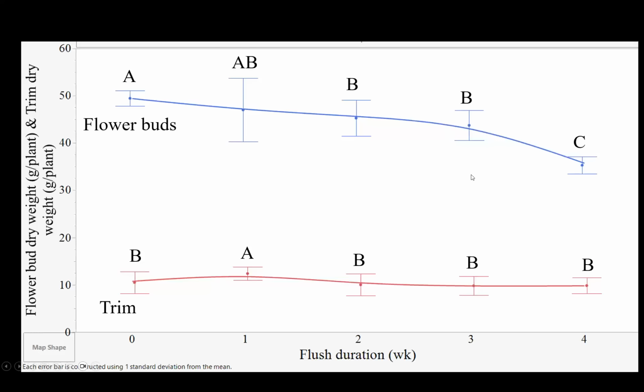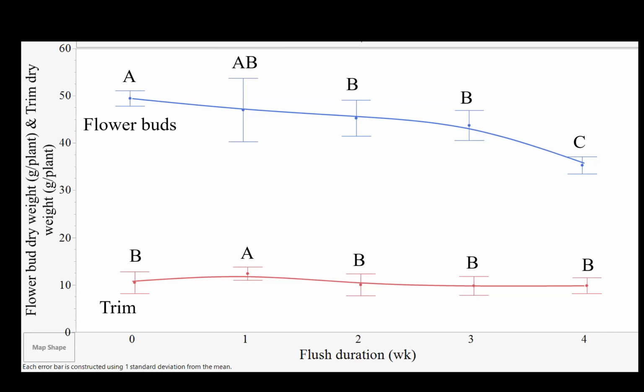And we do see the buds start to be significantly lower in mass after 2 weeks of flushing, and then quite a significant increase or decrease in mass after 4 weeks of flushing. The trim really hasn't changed significantly over that time. So again, 1 week of flush, you're not harming yield. And so 1 week of flush is, we think, a safe thing to do.